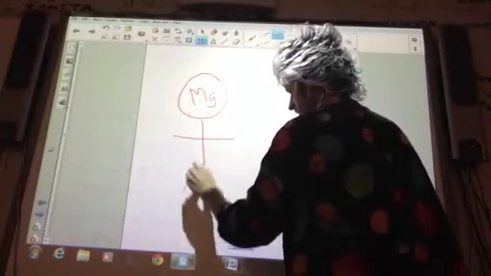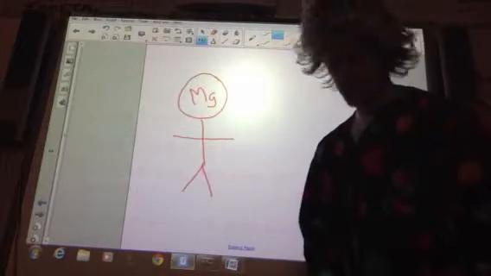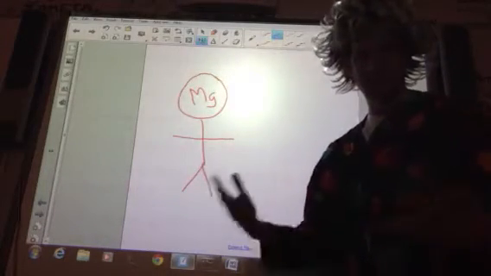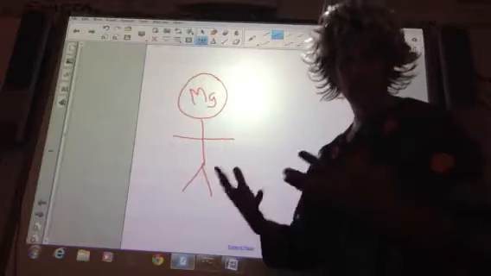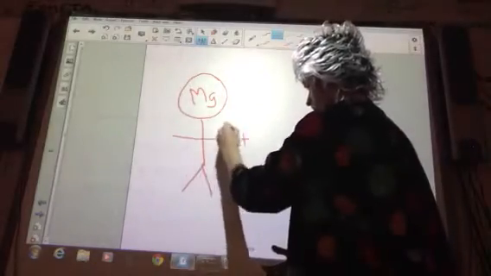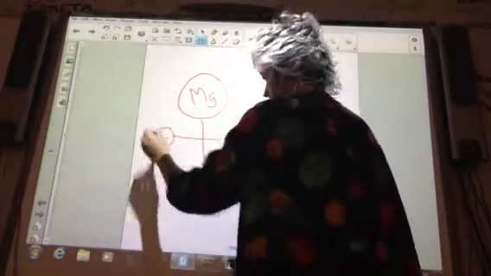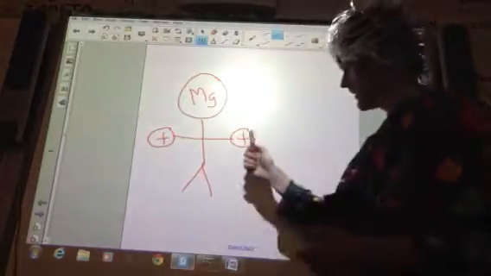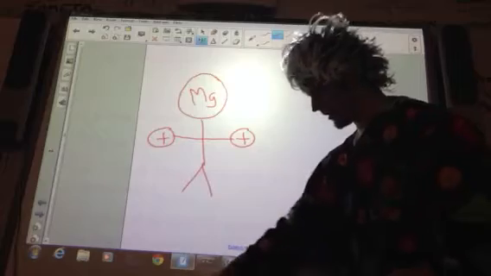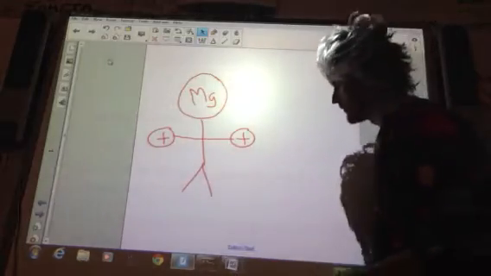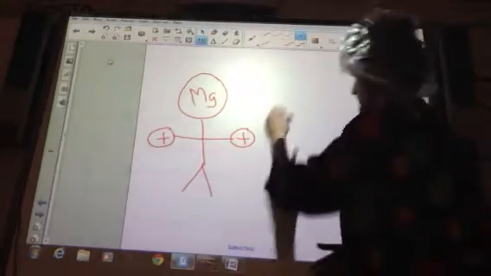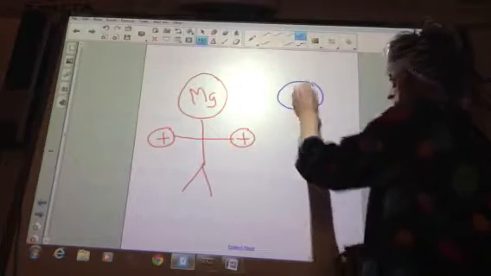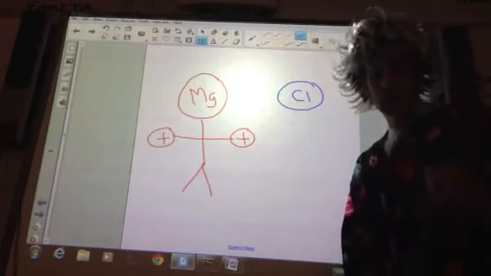Okay. Here's Mr. Magnesium. Now, Mr. Magnesium in his stable, chemically stable form will have 2 plus charges. Remember? He has 2 electrons. He wants to get rid of them, so he's stable. Well, that would make him a plus 2 charge. Real life here. Now, Mrs. Chlorine, she is a very funky looking face with a Cl there.